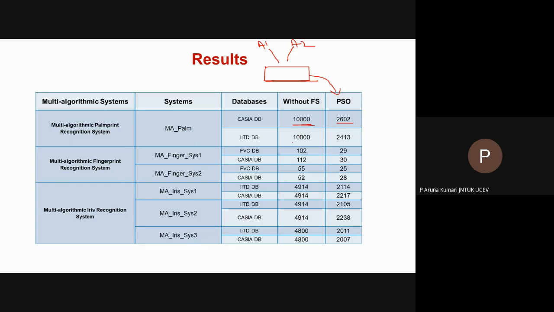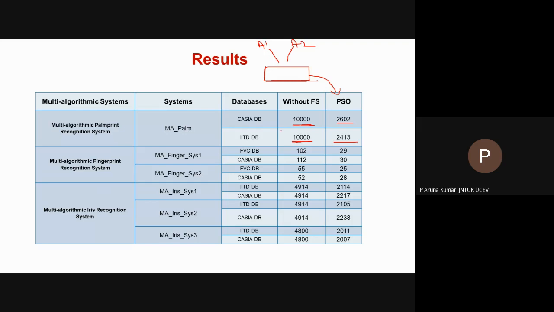In the IIT Delhi database, again from algorithm 1 and algorithm 2, we got 10,000 features after feature level fusion. And once we applied particle swarm optimization, we got 2,413 features as essential features.